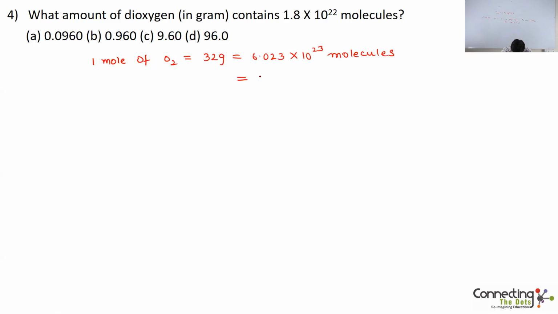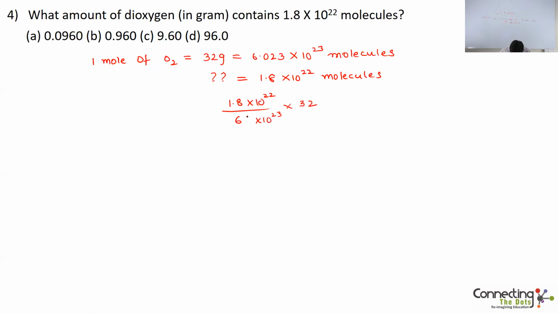We have 1.8 times 10 power 22 molecules. So it is equivalent to how many grams? It will be 1.8 times 10 power 22 divided by 6.023 times 10 power 23, times 32. Approximately you can round the denominator off to 6.